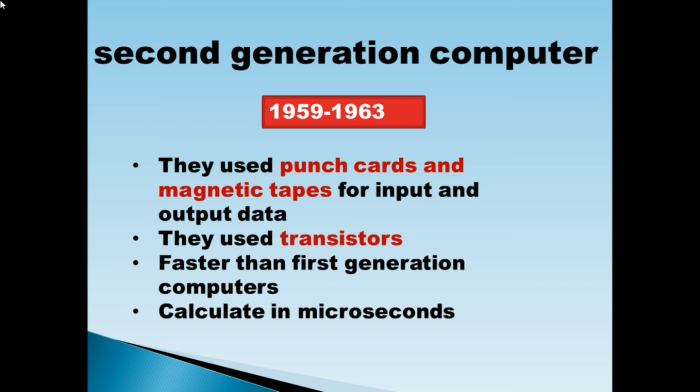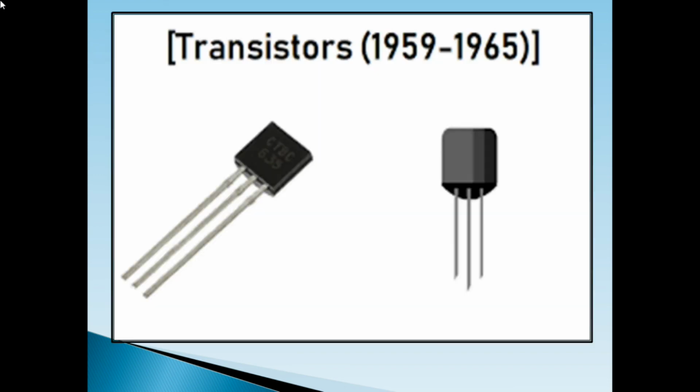So in second generation computers, they used transistors as the electronic component. Second generation computers were smaller in size but faster in computing, and cheaper also. Second generation computers are smaller, faster, and cheaper. Look at the picture. This is a transistor.